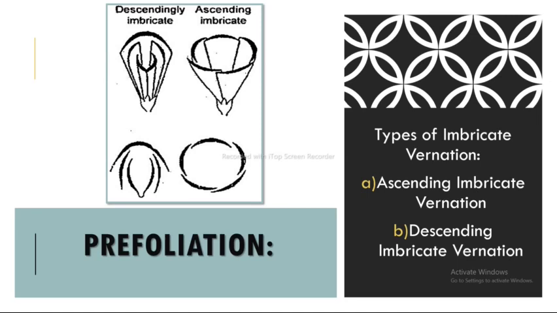In ascending imbricate vernation, this type of vernation is found only in corolla members. Out of the 5 petals, the fifth petal is posterior, small and innermost. The other 4 petals are almost equal.